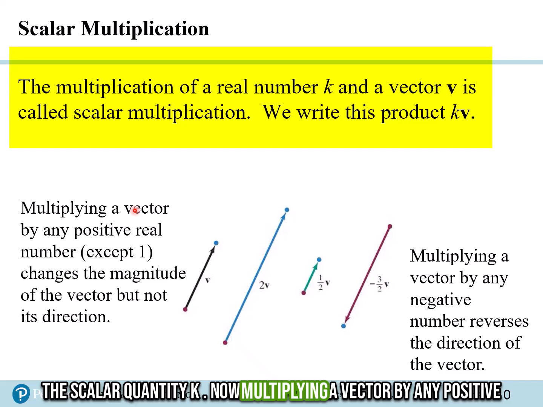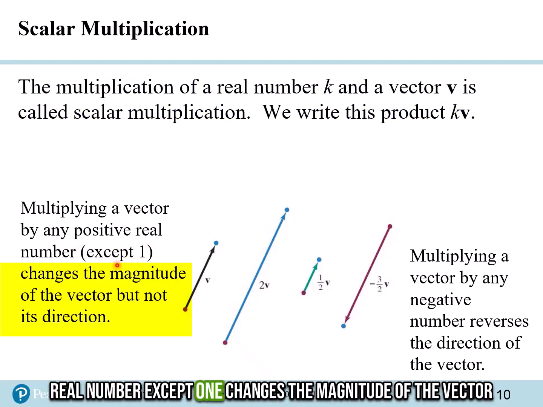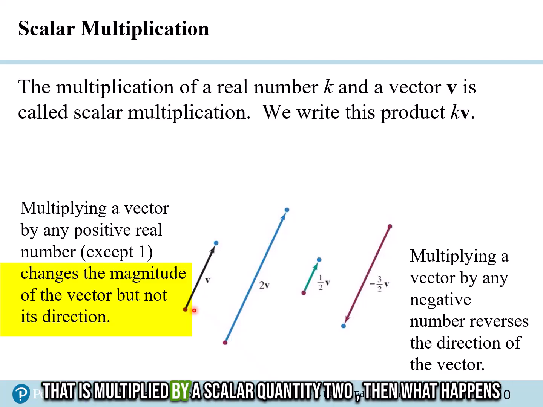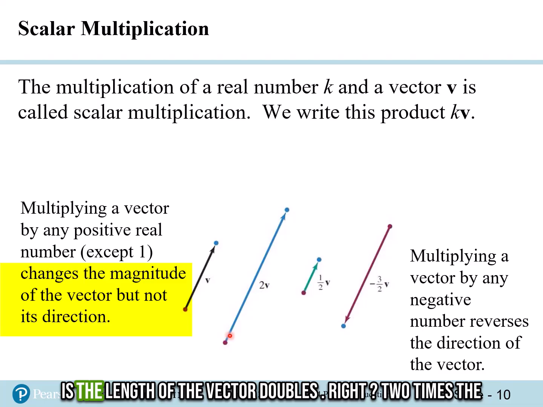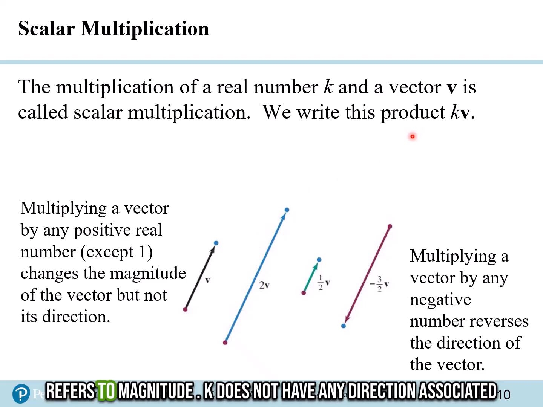Now, multiplying a vector by any positive real number except 1 changes the magnitude of the vector but not its direction. For example, we have vector v here. If that is multiplied by a scalar quantity 2, then what happens is the length of the vector doubles, right? 2 times the length of the vector, the magnitude changes because k only refers to magnitude.